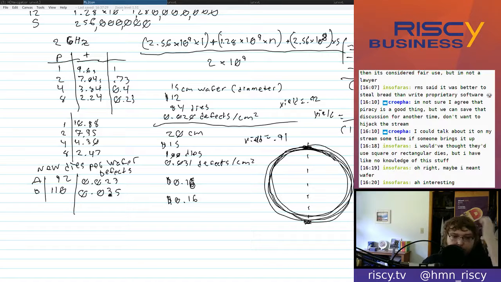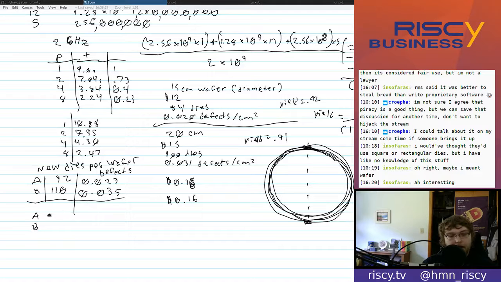So, okay, so we want to calculate the new dies per area, right? The die area and the yield, the new die area and yield, okay. So let's make another table here.